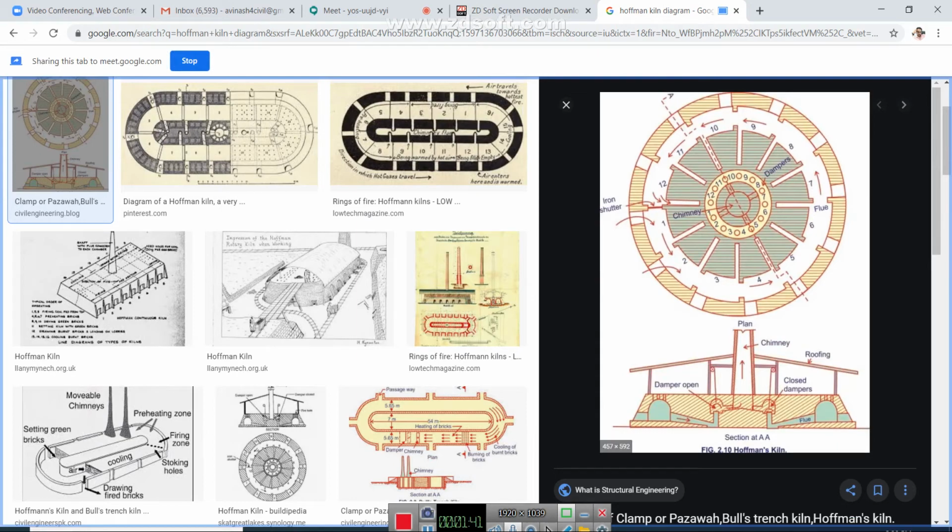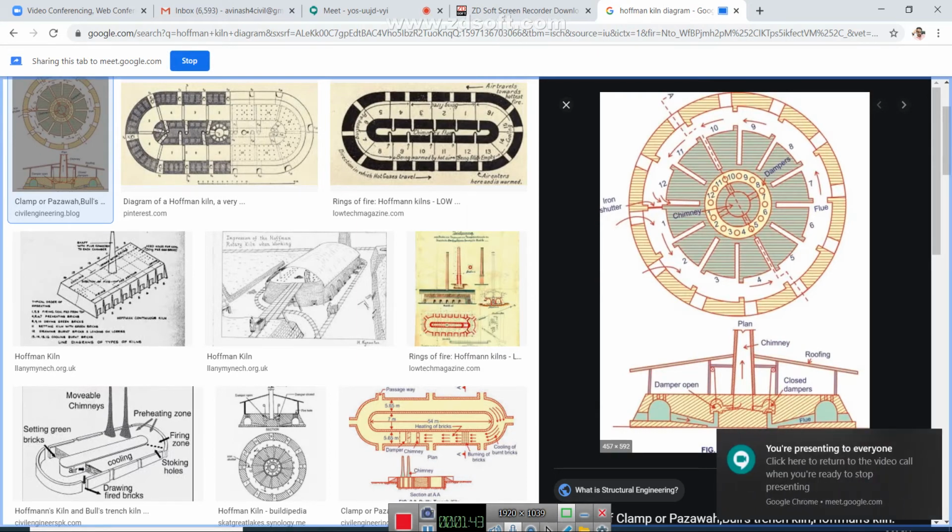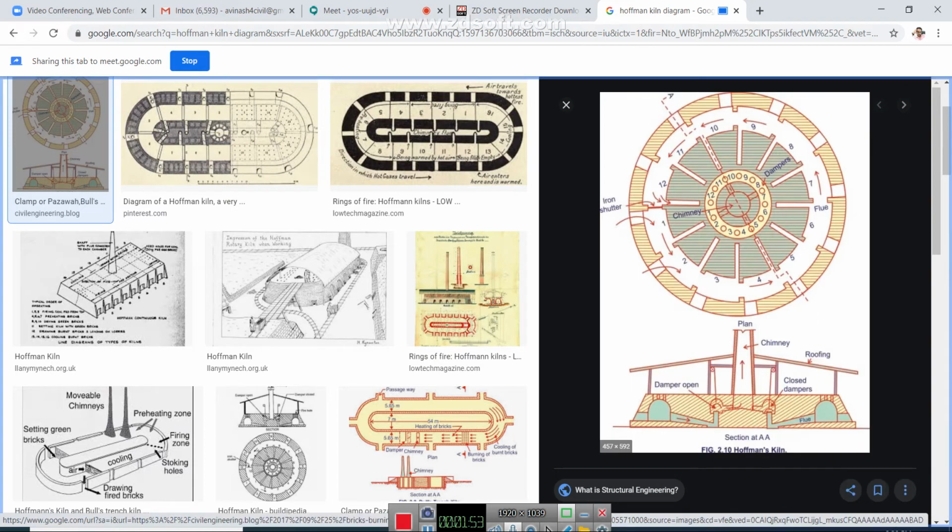Okay, this is the diagram showing a Hoffman's kiln. This one is the plan, and here you have the sectional view. A Hoffman's kiln will always be circular in shape. Either it will be on the ground or it will be over the ground.